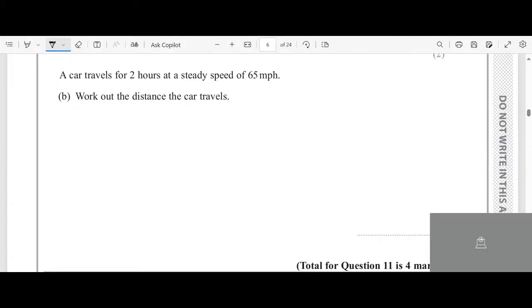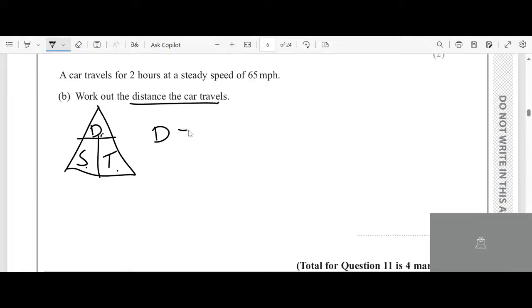A car travels for 2 hours at a steady speed of 65 miles per hour. Work out the distance the car travels. So we know that we also have a triangle here where we have the speed, distance, and time. So they want the distance.